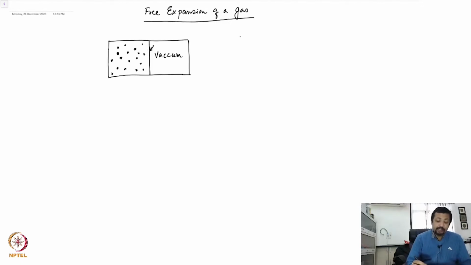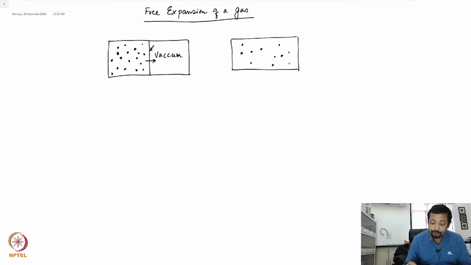The gas then expands into this vacuum, and the final state is where the gas has occupied the whole of the volume. So initially the volume of this chamber was Vi, and the total volume of this chamber is Vf.